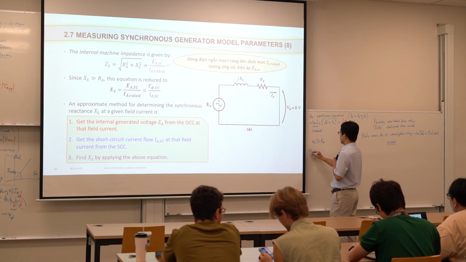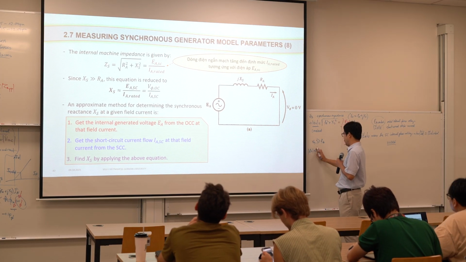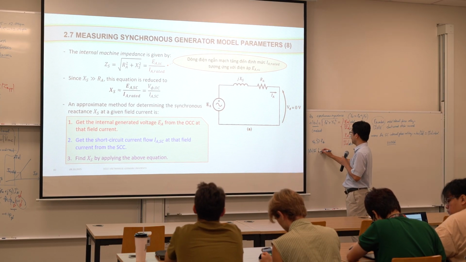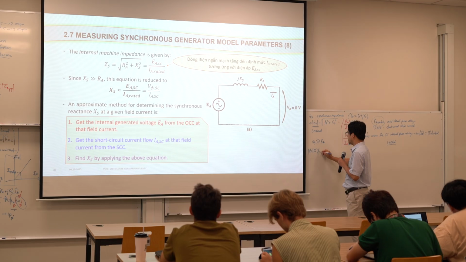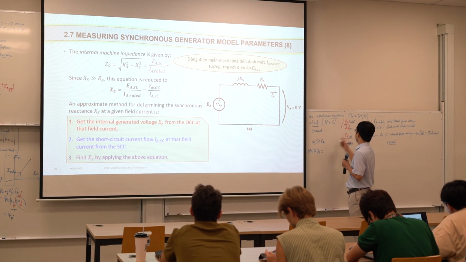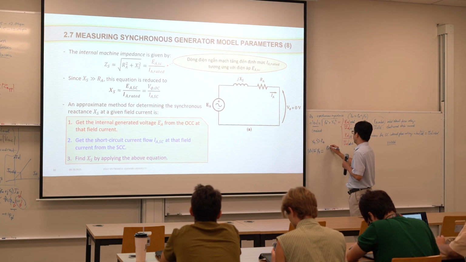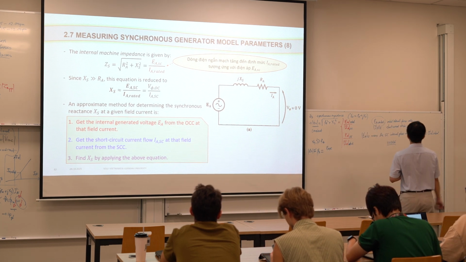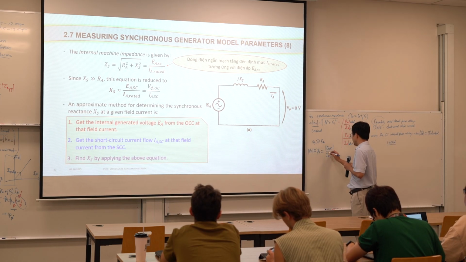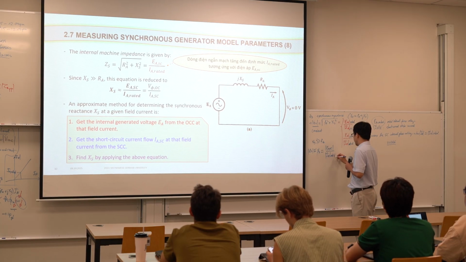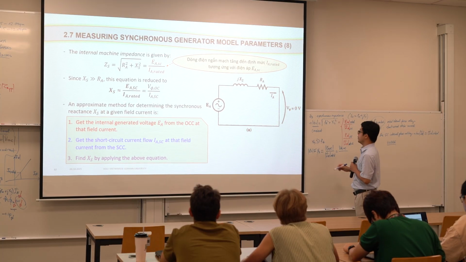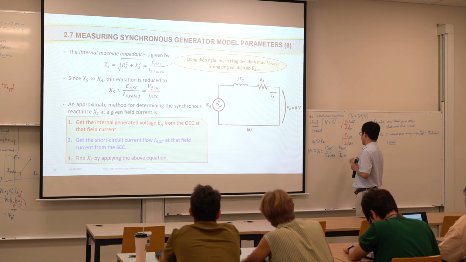So now this is approximately equal to XS. You agree with me? And equal to EA short circuit divided by IA rated. So now, how can we get V phase OC divided by IA short circuit?